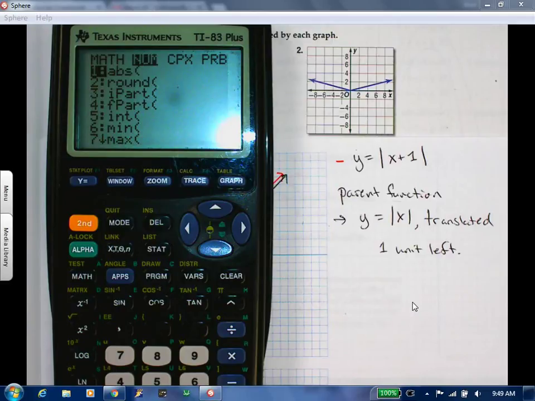Is it dying on you yet? Calculator's dying on you? Does it keep shutting off?